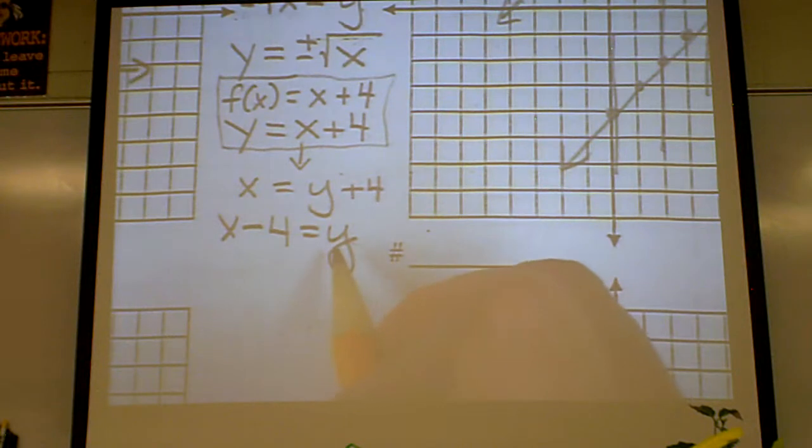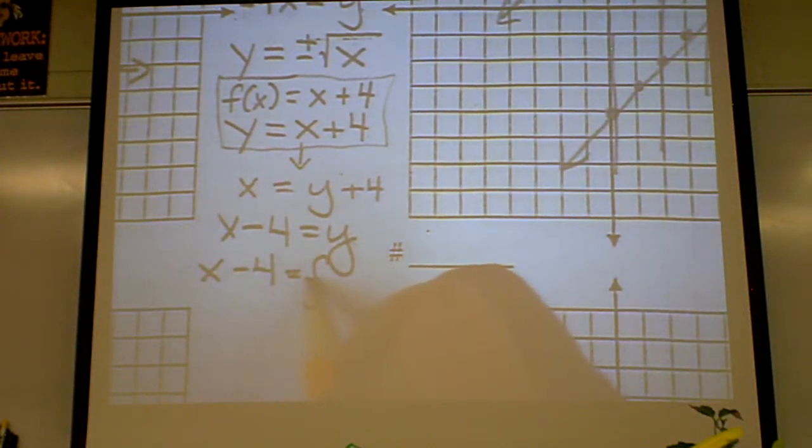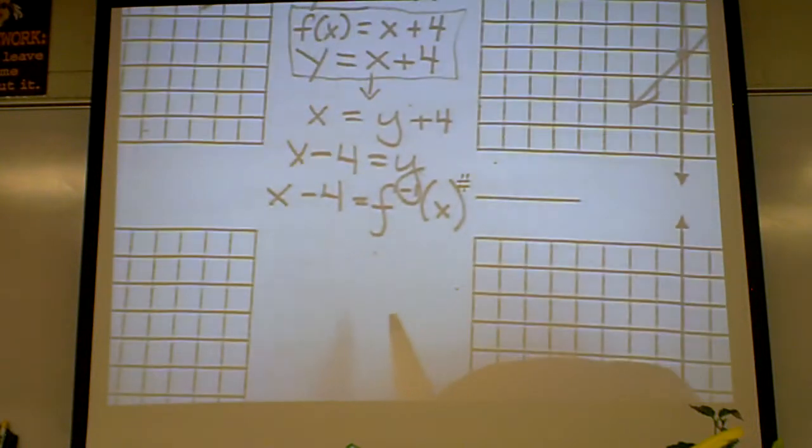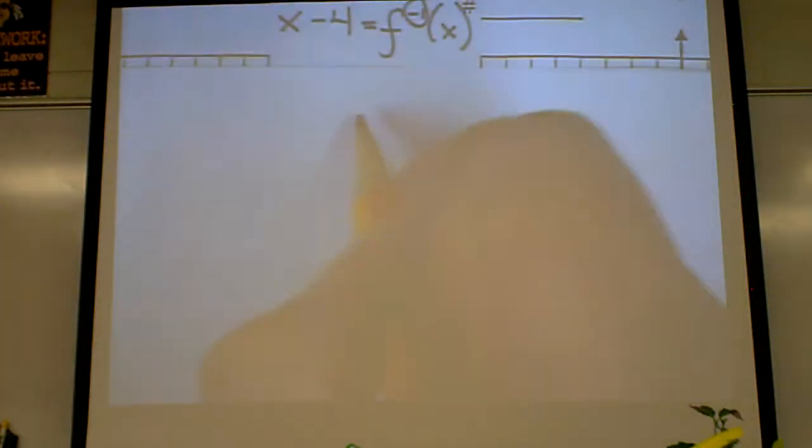I can use the fancy f, but does anyone know what it looks like? It's an f. It looks like it's to the -1 power. I'm going to write it where the f is on the left side. It'll look like this.